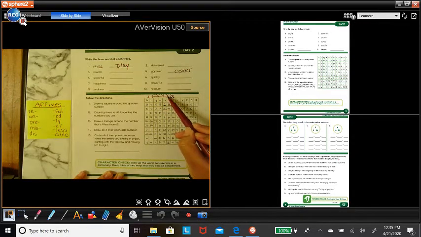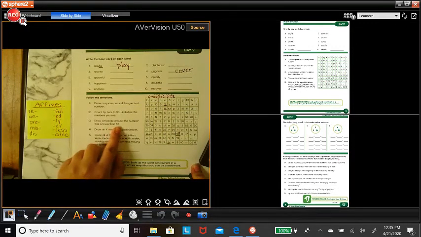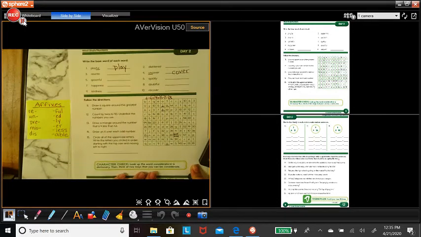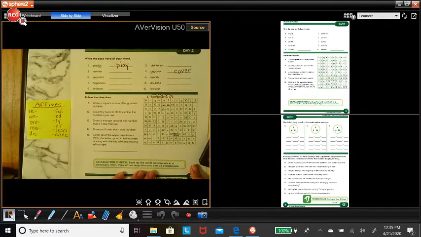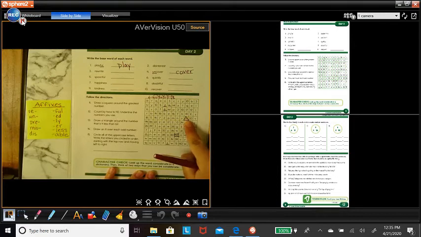If I count back, that would be 61, 60, 59, and 58. So 58 is the number that is 4 less than 62, and I have to draw a triangle around it. So let me find 58 and draw a triangle around it. There is 58, and I did the triangle.